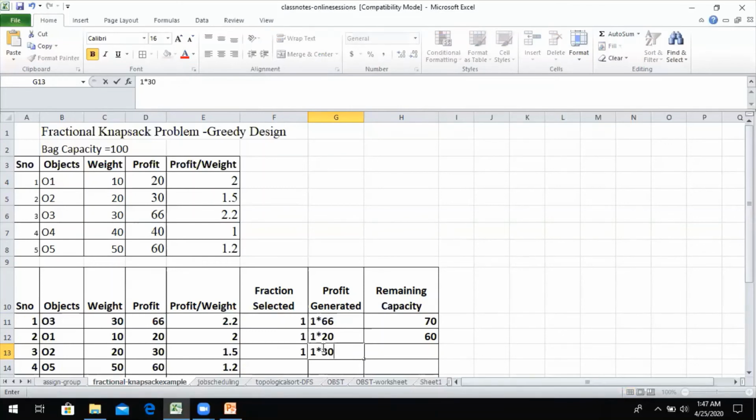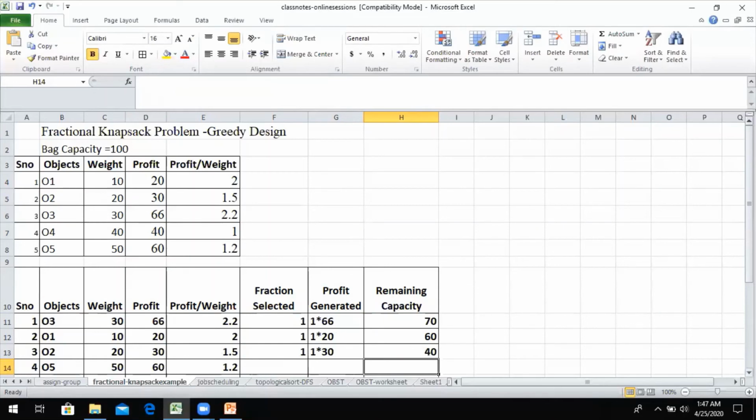So 1 into 30 is the profit generated, and the remaining capacity would be 60 minus 1 unit of the object O2, which is 20, and hence the remaining capacity is 40.